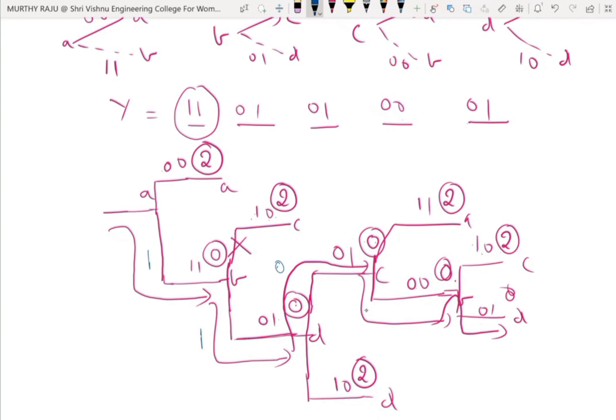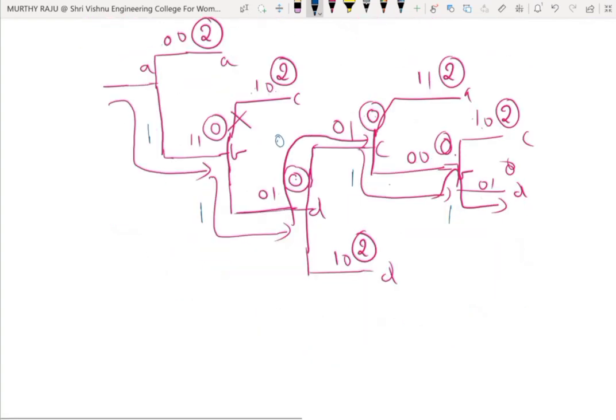For 0 0, the input bit is 1, downward direction. For 0 1, for 0 1, again downward direction, that means 1.